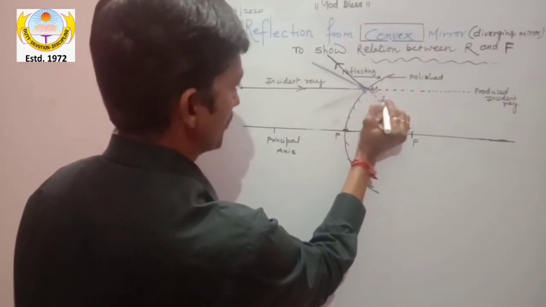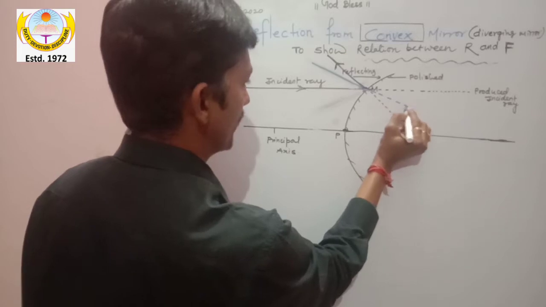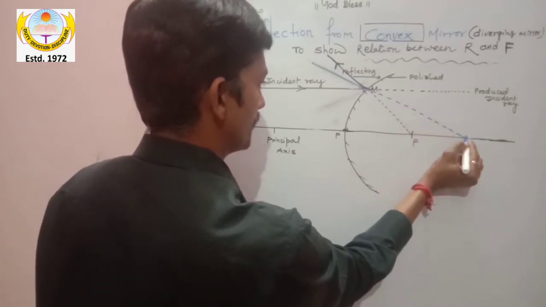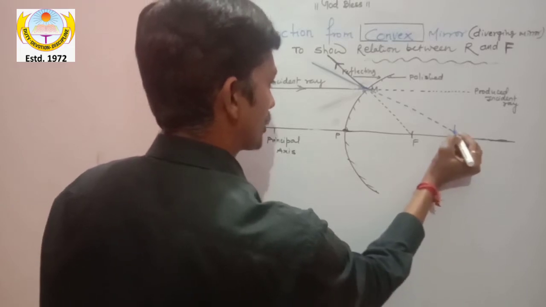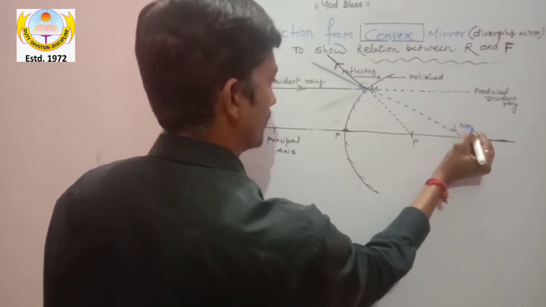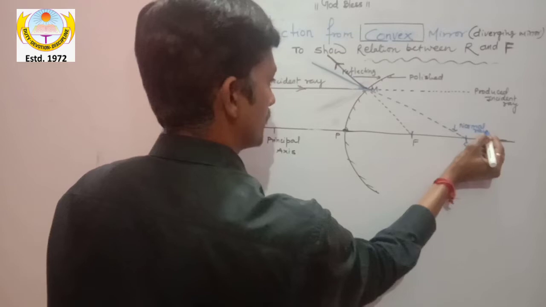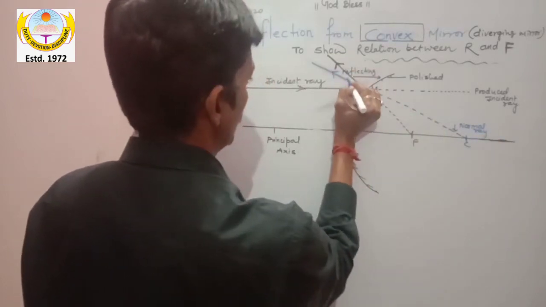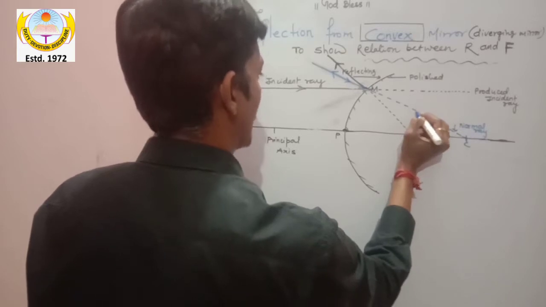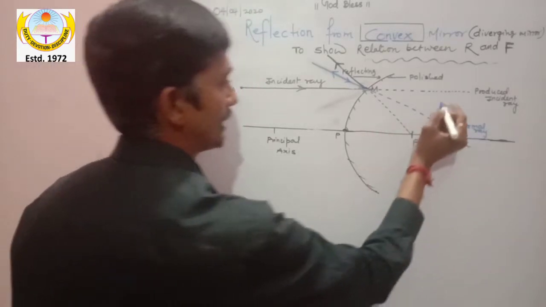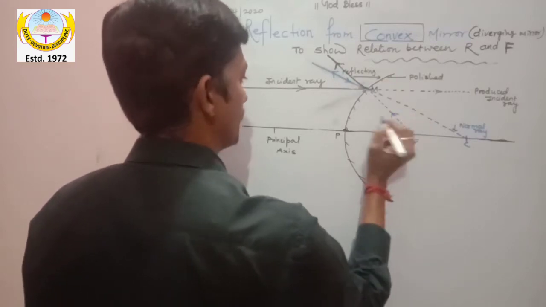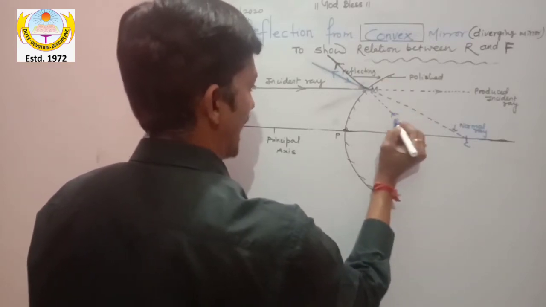This ray is going straight, and say it is meeting at point C. This is called normal ray. So the reflection on this will be on the same path, whereas this is your incident ray and this is your reflected ray. So here I am writing reflected ray.